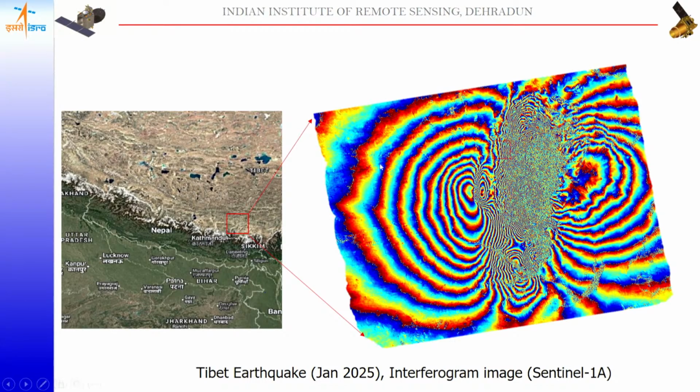We can count these fringes, and if we multiply by half of the wavelength of the SAR sensor, it roughly gives the displacement in a particular area. You can see very high complexity in the middle, which is the center point of the earthquake, and how it changes the interferogram pattern of the Sentinel-1 images.